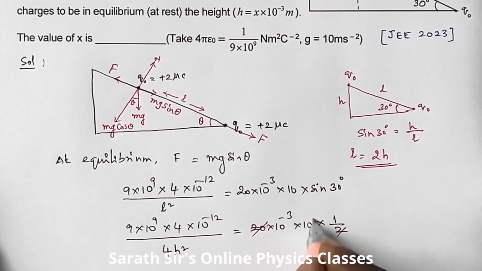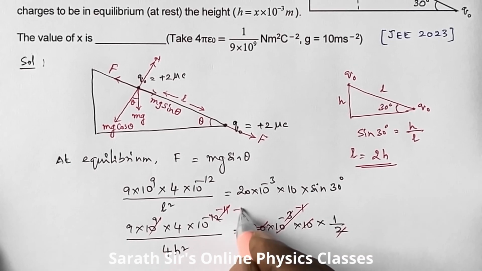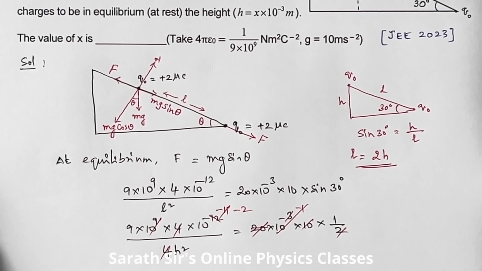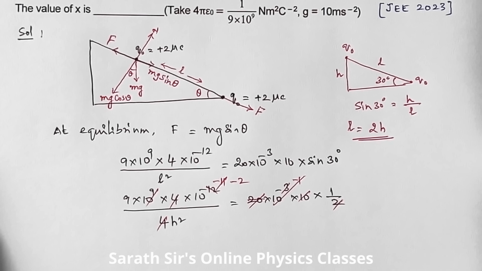This 10 goes, this is 10 power minus 1, 10 power minus 1 goes, 10 power minus 11 and 9 it goes, it is minus 2, and here 4 and 4 go. So finally what we are left with, this H square is equal to 9 into 10 to the power of minus 2 meter square. So H is equal to 3 into 10 to the power of minus 1 meter, that is equal to 300 into 10 power minus 3 meter.